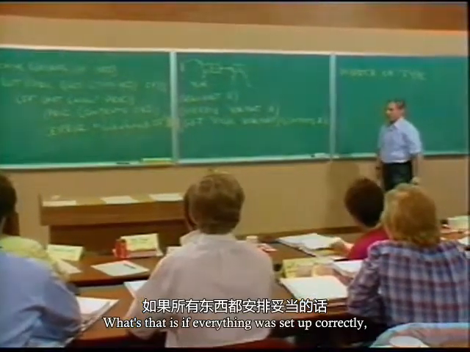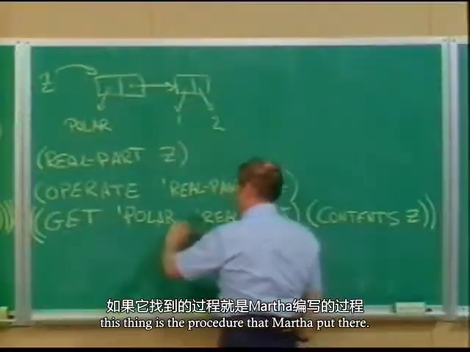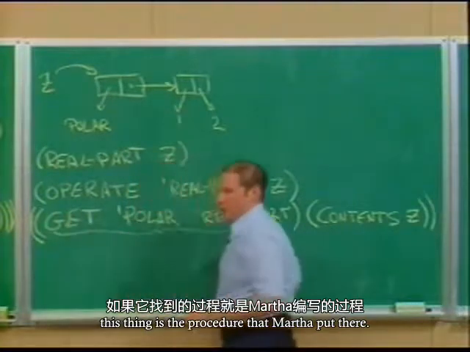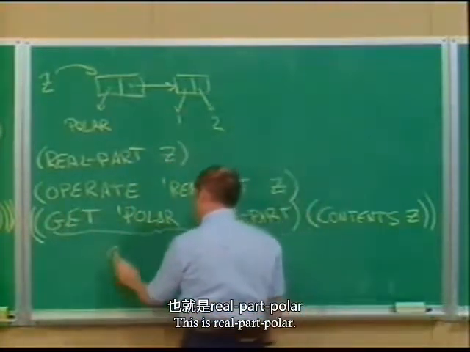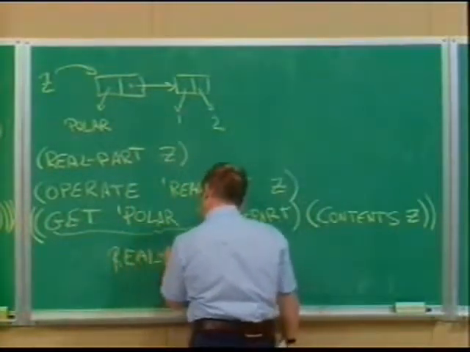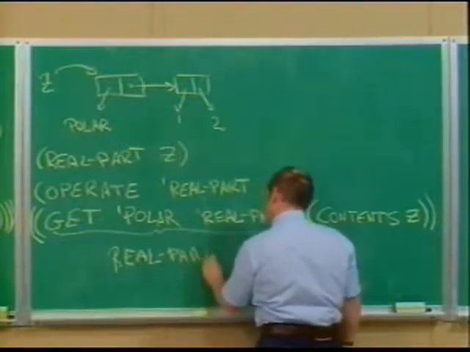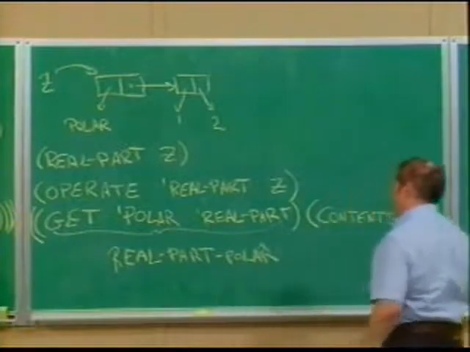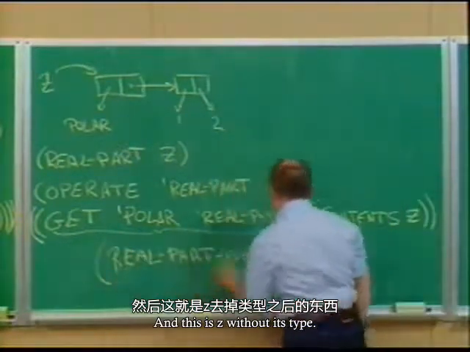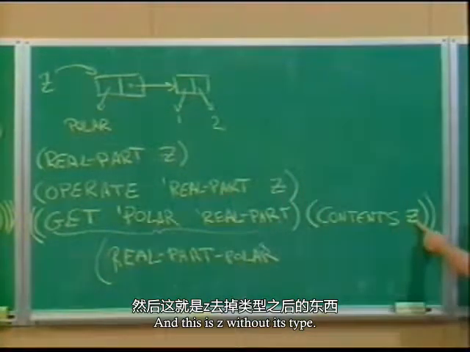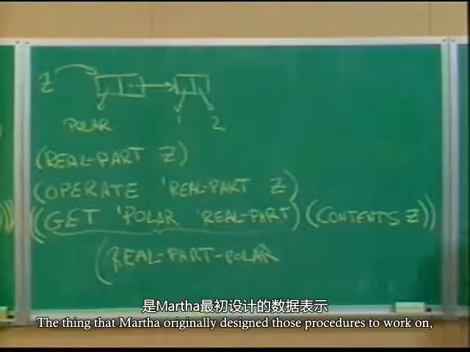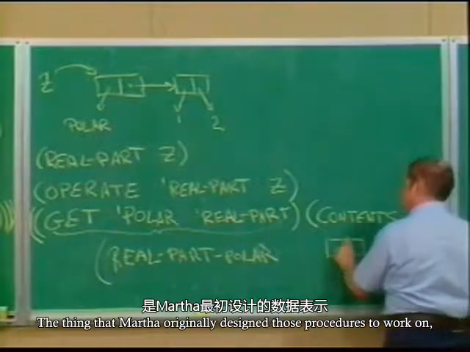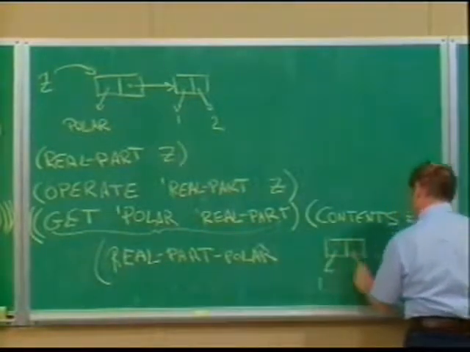If everything was set up correctly, this thing is the procedure that Martha put there. This is real part polar. And this is Z without its type, the thing that Martha originally designed those procedures to work on, which is 1, 2.